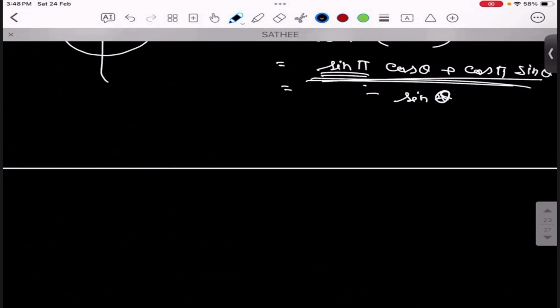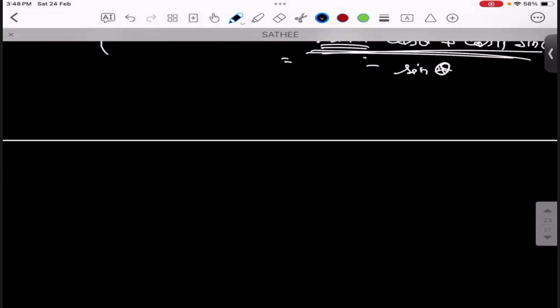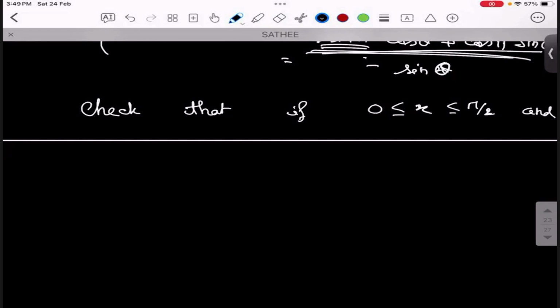Now check what happens if x increases from 0 to pi by 2 in the case of the sine function. So x is increasing. If x equals 0, then sin x is 0.